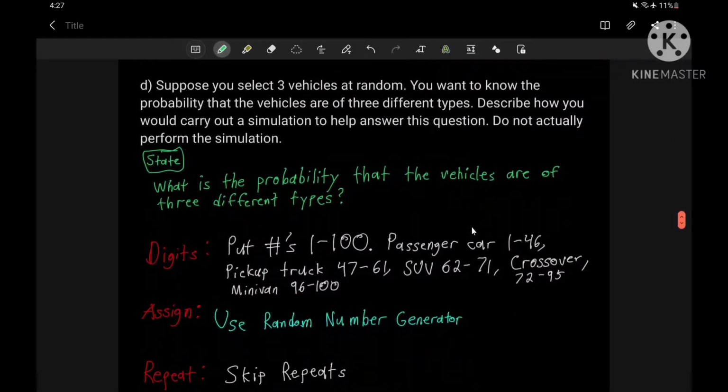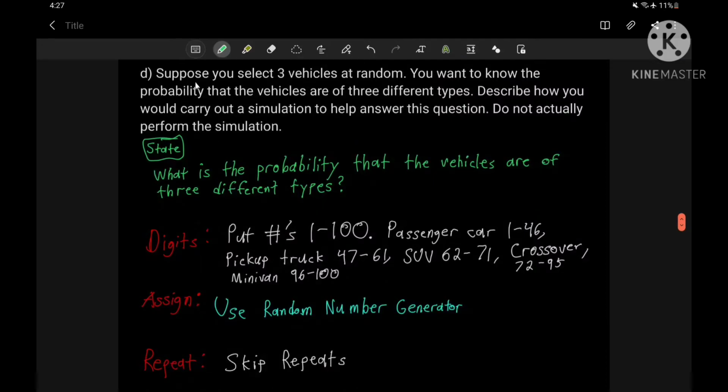And finally, part D. Suppose you select 3 vehicles at random. You want to know the probability that the vehicles are of 3 different types. Describe how you would carry out a simulation to help answer this question. Do not actually perform the simulation.